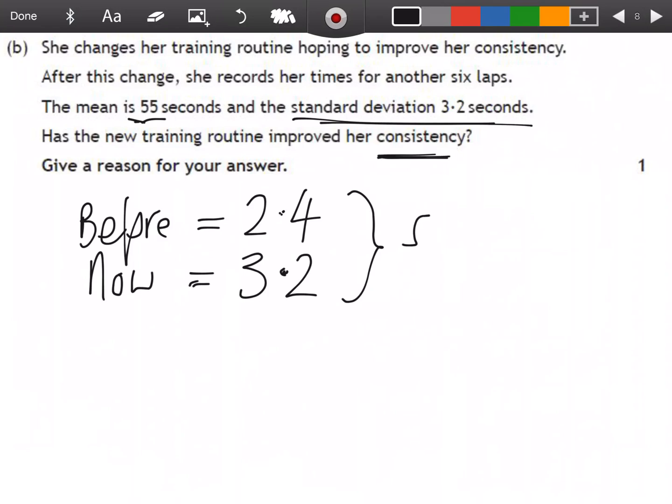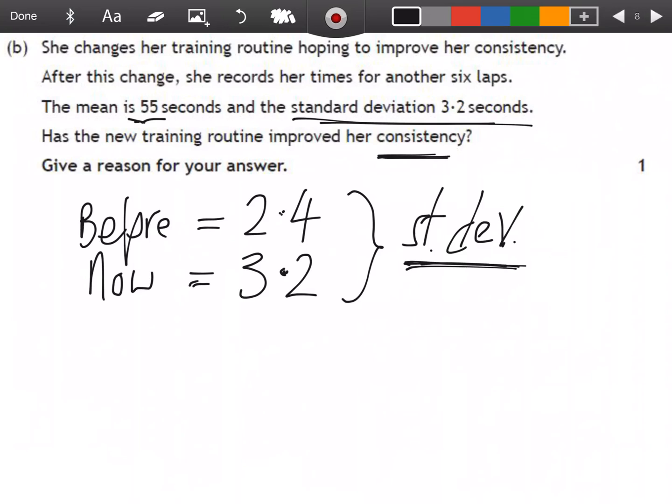These are the standard deviations, okay? So this question is asking, has she improved consistency? Consistency is what the standard deviation gives us an idea about. Basically, the lower the standard deviation, the better. The more consistent, the lower the standard deviation is.